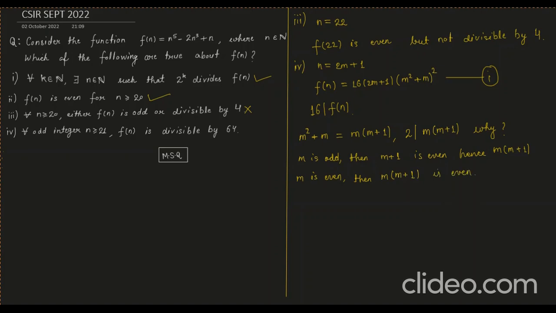So whatever m you pick, m times (m plus 1) is coming even. So m times (m plus 1) is always divisible by 2. What does that mean? It means that since 2 divides m square plus m, it implies that 2 square should divide (m square plus m) whole square, right?